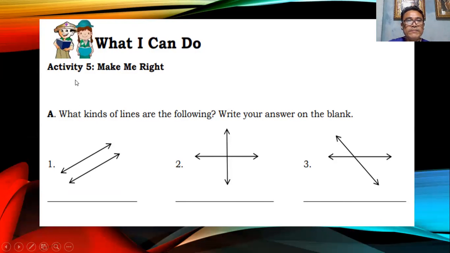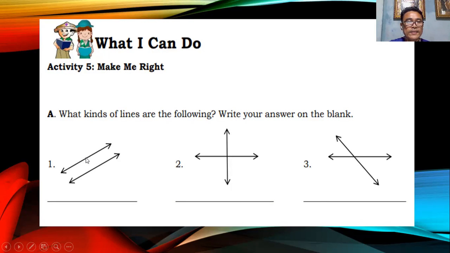We have activity 5. Let us answer letter A. What kinds of lines are the following? Write your answer on the blank. We have here what kind of lines? And number 2, look at this line.